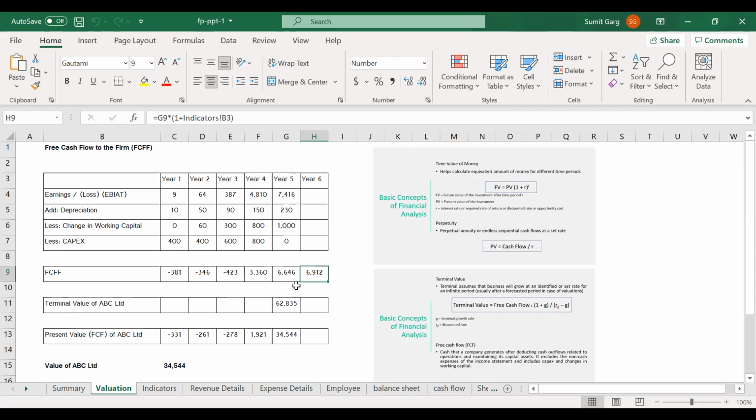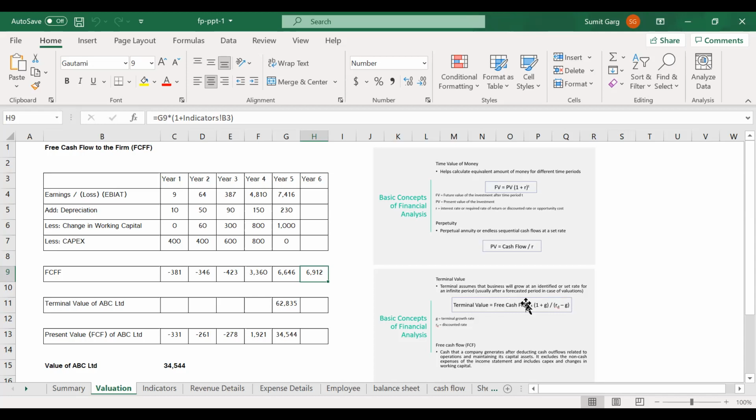So we know that this is the free cash flow which the company is generating, but what is the terminal value of this organization after the end of year 5? If you remember, in the terminal value, we have the equation here, which is free cash flow multiplied by 1 plus the terminal growth rate, divided by the discount rate minus the terminal growth rate.